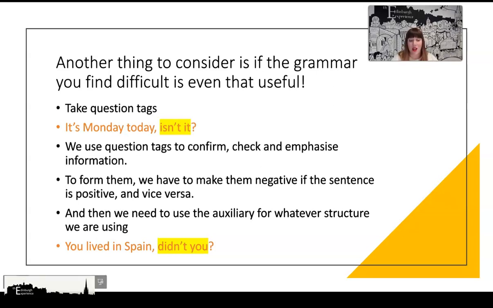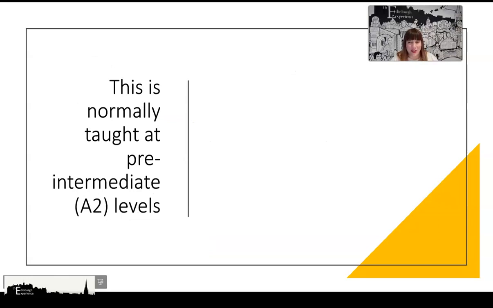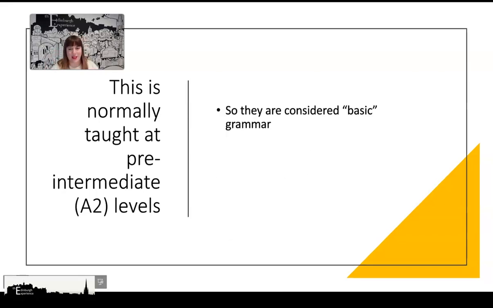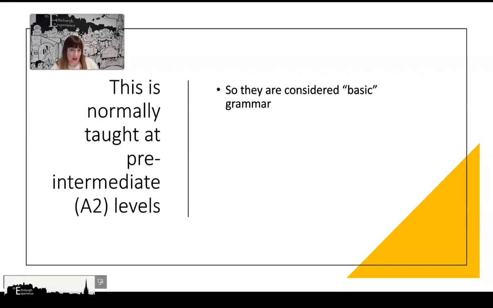Oh my goodness. So this structure is actually normally taught at a pre-intermediate level, right? Which, if you are familiar with the Common European Framework of how we grade language, that means an A2 level, more or less. And this is considered basic grammar, right? This is meant to be something that we should be able to produce quite easily.